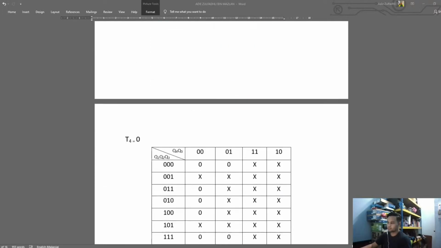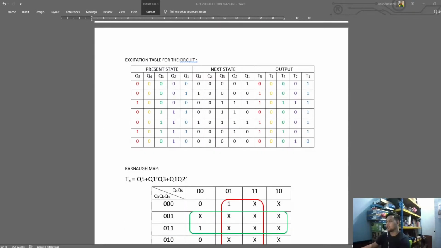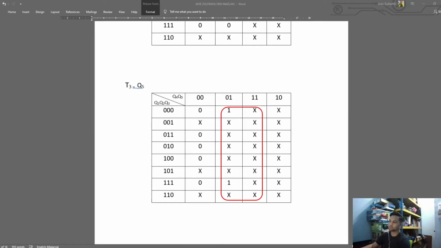Okay, this is T4. What we can see from the excitation table, there is no 1 here, so we just put 0 and there is no equation for this output. So this is T3.